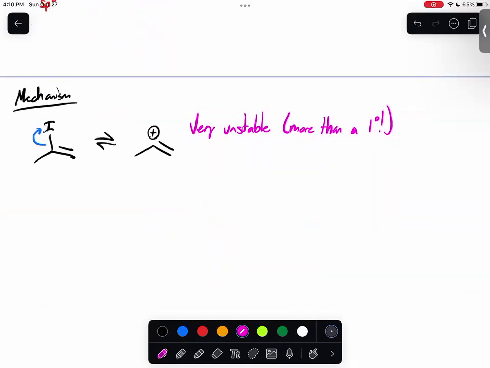Well, if you take a look at what this looks like in terms of the actual orbital drawing, if this was our structure, we have some p orbitals that are hanging out, making up the alkene in this scenario. So essentially, these are just the alkene bond being shown as a pi bond. Now then, where does our positive charge sit?